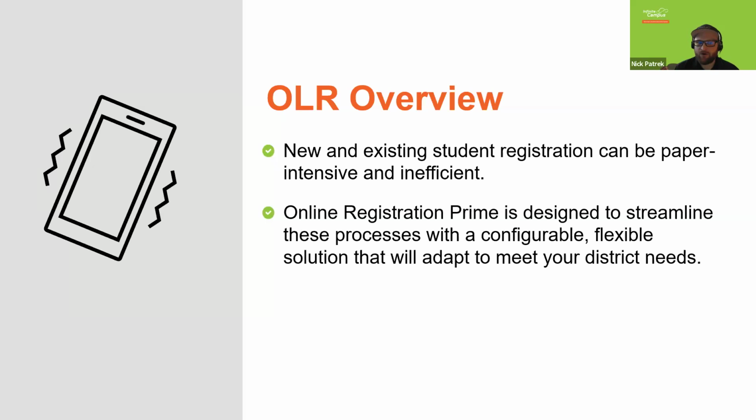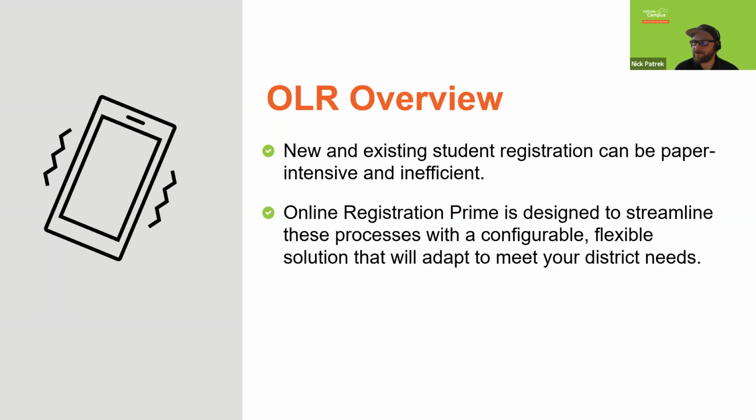So basically OLR in Infinite Campus is going to replace essentially your paper enrollment packets, right? No longer do parents need to come into the office and give them a big stack of papers to fill out, give it back to you, and then have to decipher that handwriting and hand enter all of that information into your SIS. Online registration is going to completely replace that.